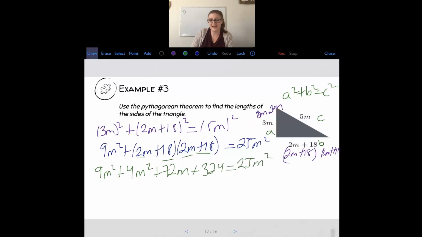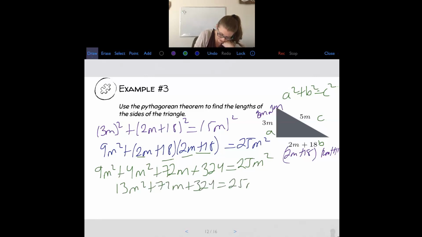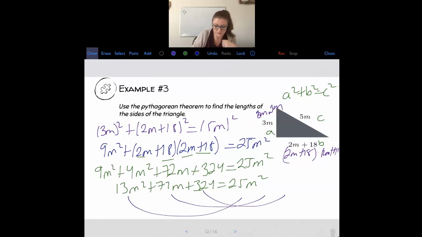Okay, so I'm going to take everything now that's on the left-hand side and move it to the right, just to keep my m squared term positive. So we'll subtract: this is 13m squared plus 72m plus 324 is equal to 25m squared. So we subtract the 13m squared, the 72m, and the 324.